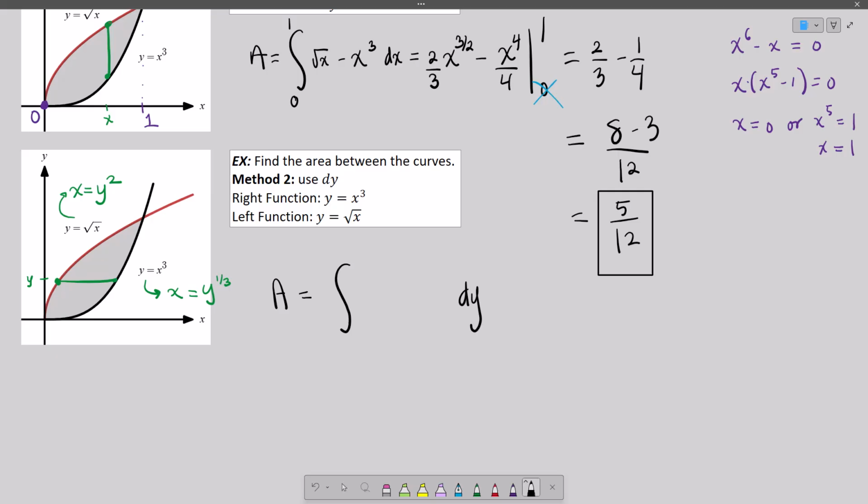Right at the end. Minus left. Looks good.